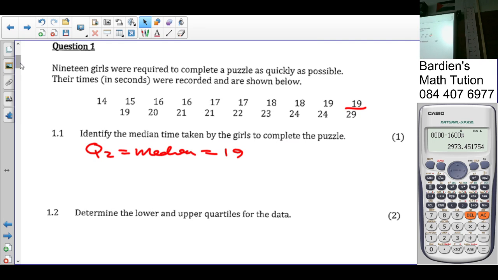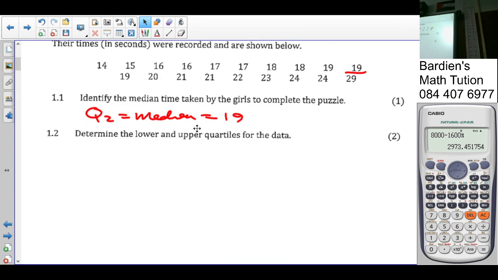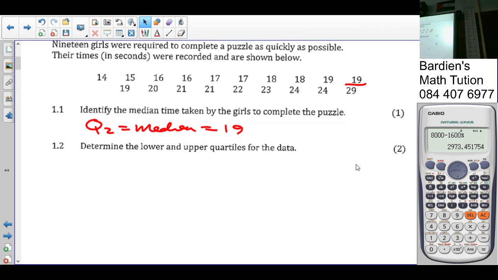Then the next question says, determine the lower and upper quartile. The lower quartile is the median of the lower set of data, and the upper quartile is the median of the upper half of the data.